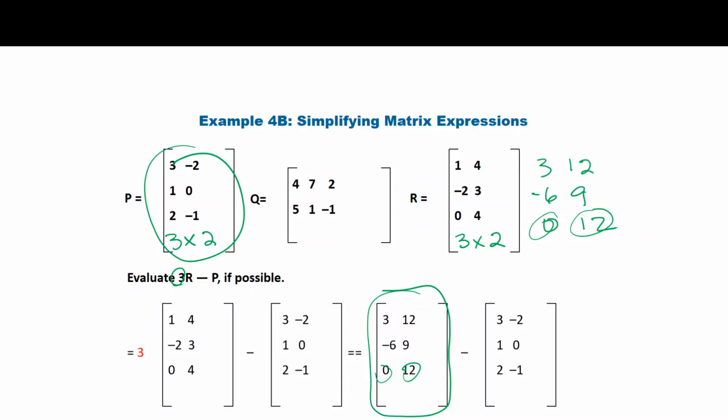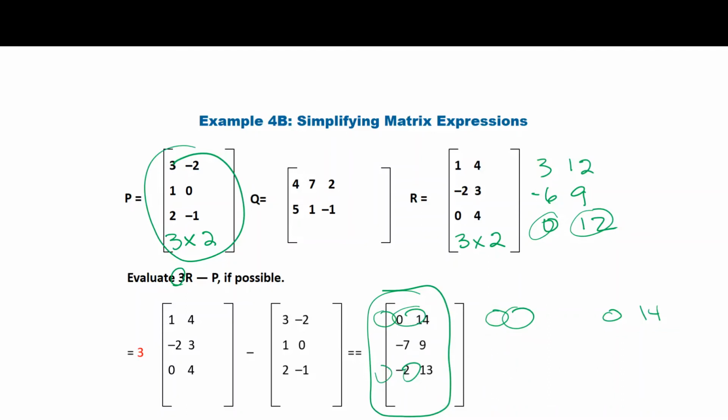This is our P. And when we subtract each of those, we say 3 take away 3 is going to be 0. 12 take away a negative 2 is actually 14, and so on. And so here's our new answer: 0, 14, 7, negative 7, 9, and so on. So you just have to go slow and follow the steps. I don't think you'll have any problem with that.